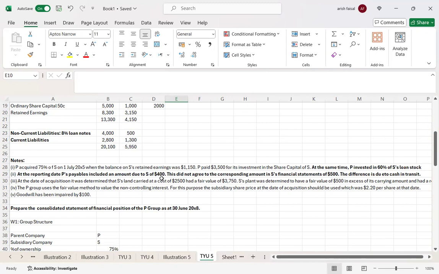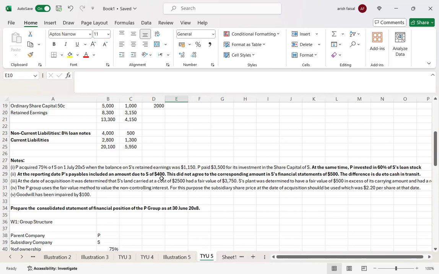But now try to understand this point. See, in cases where this balance would have been agreed by the parent company and the subsidiary company, it's very simple. You just deduct 400 from the consolidated receivables and you also deduct 400 from the consolidated payables, right?